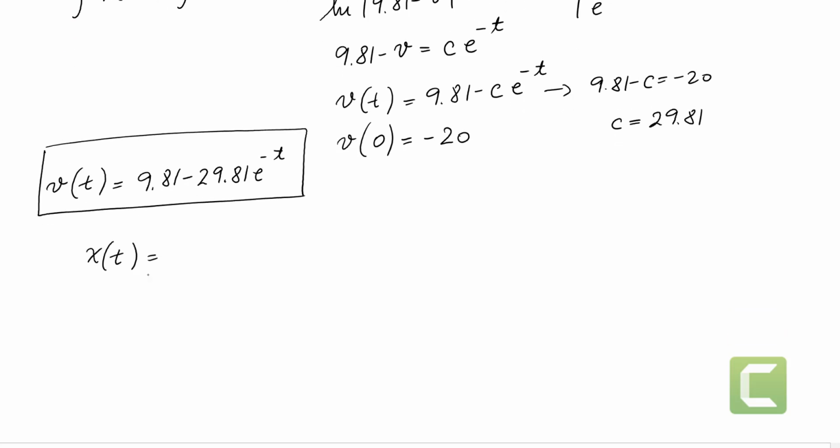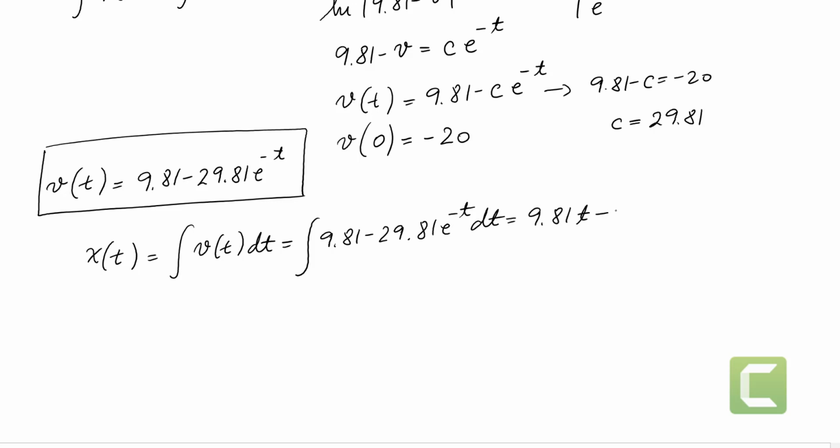We know that the derivative of the position function with respect to time gives us the velocity, so x of t will be the integral of v of t dt. When we calculate the integral of 9.81 minus 29.81 e to the negative t dt, we get 9.81t minus 29.81 e to the negative t over negative 1, so this becomes plus, plus some constant.